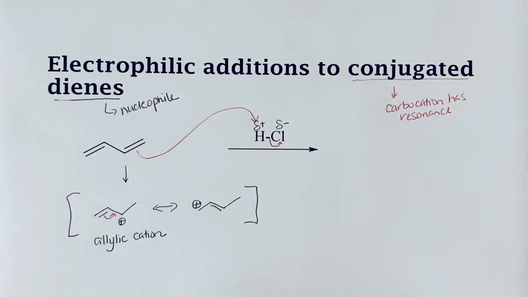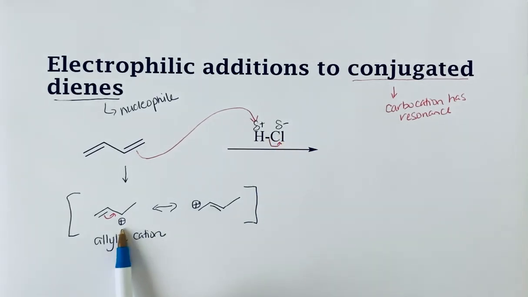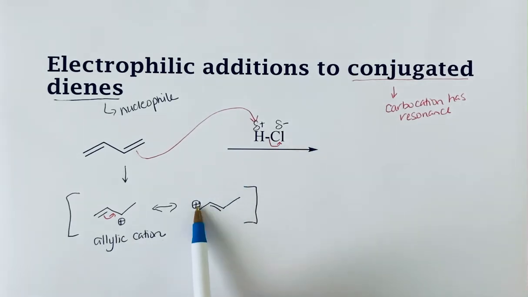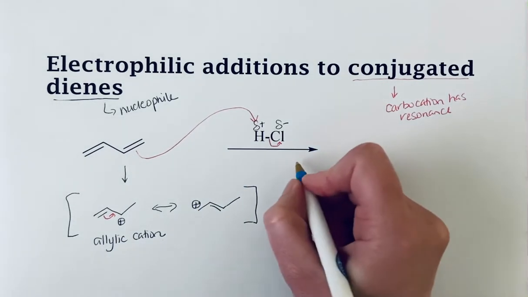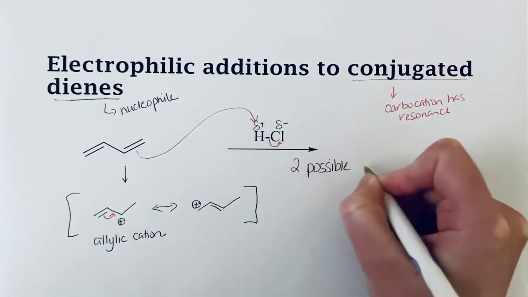And so from these electrophilic additions, we can see two possible products. We can see a product where the chloride nucleophile attacks this carbocation, or we can see a product if the chloride nucleophile attacks the end carbocation. So here are our two possible products that can form.